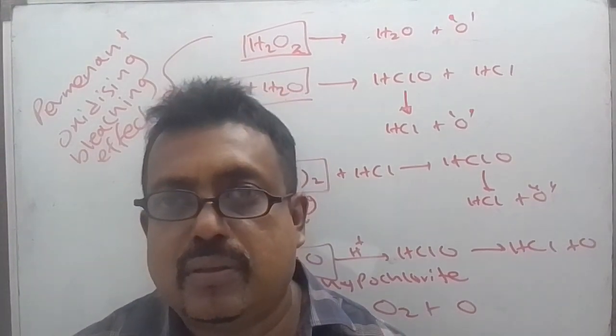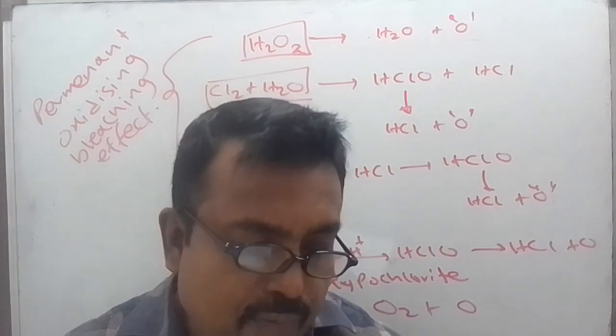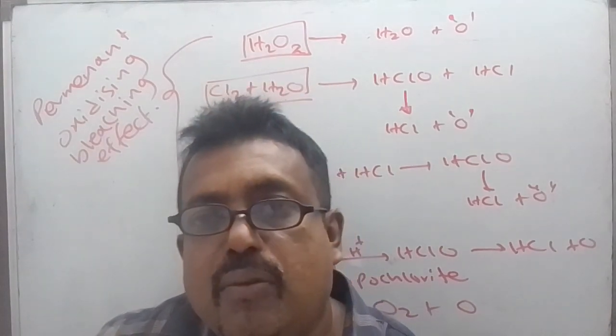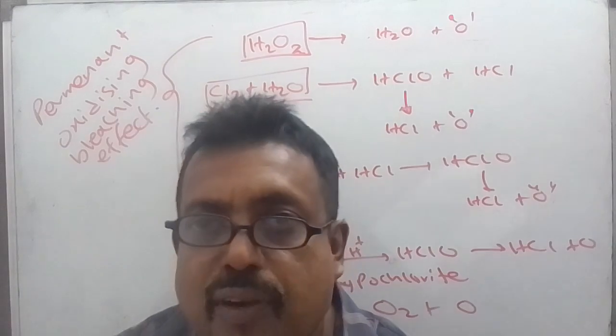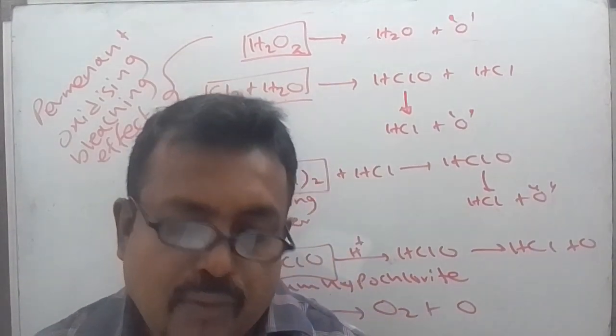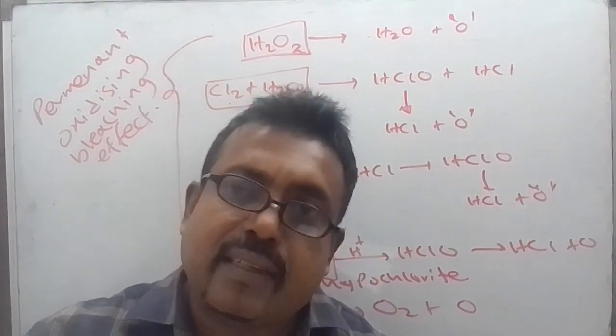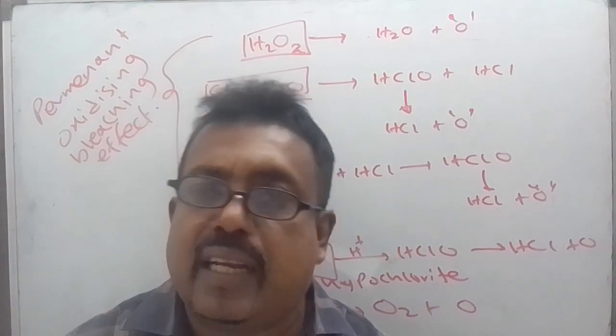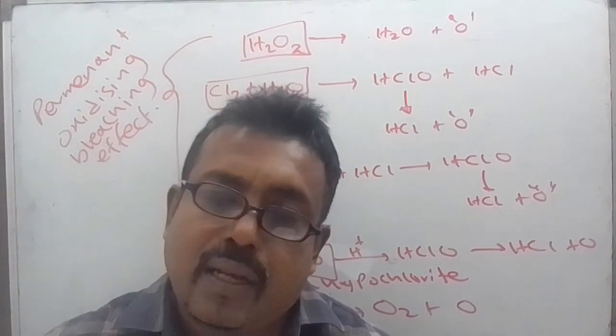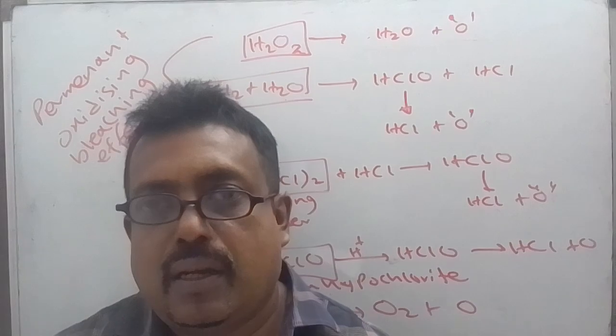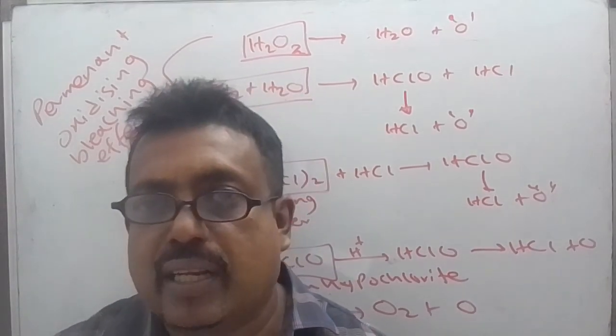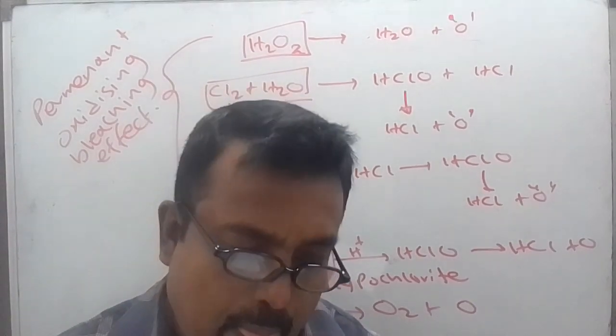Right. Therefore you can write it. And for the sulfur dioxide, we have the flower petal reaction. When sulfur dioxide contacts a colored flower petal, it becomes colorless, temporary. Then the initial color appears again.